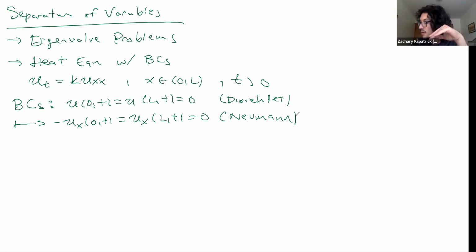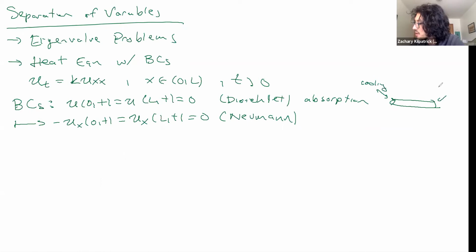Dirichlet would be like you have physically some absorption of the heat. So you have a bar here, and maybe you have something cooling the ends of the bar to 0 degrees, whatever your units are in. Maybe they're interfacing with an ice bath or something like that.